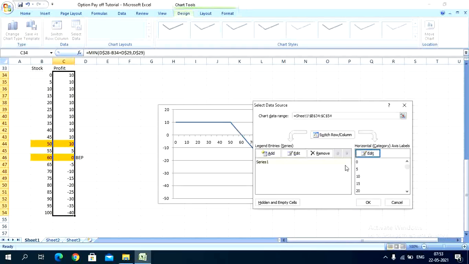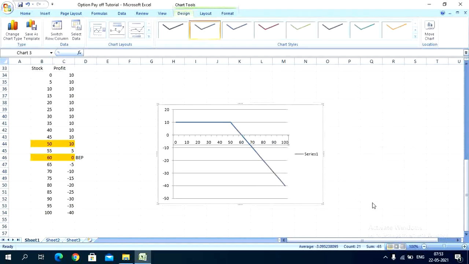After pressing OK, here I can press OK. So this is the profit you will be getting. If the market price is less than your strike price, the profit you will be getting is 10 rupees, which is your premium amount.